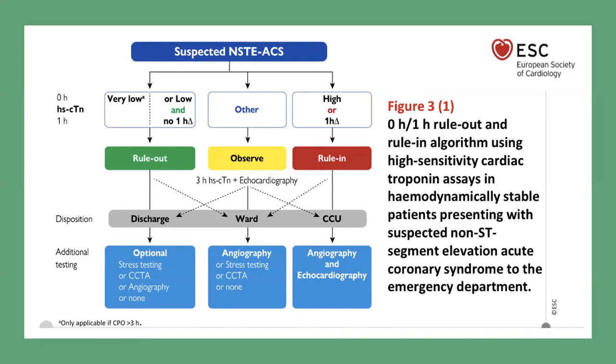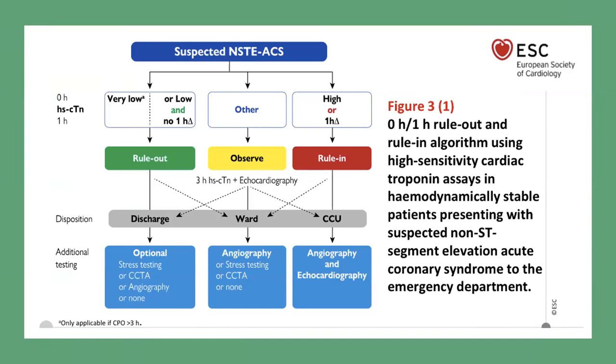We do prefer those patients to be discussed with cardiology, as the decision on whether you need a CCU bed or ward referral needs to be made by cardiology. Then they will be further investigated in terms of whether they need an echocardiogram, an angiography, or stress testing.